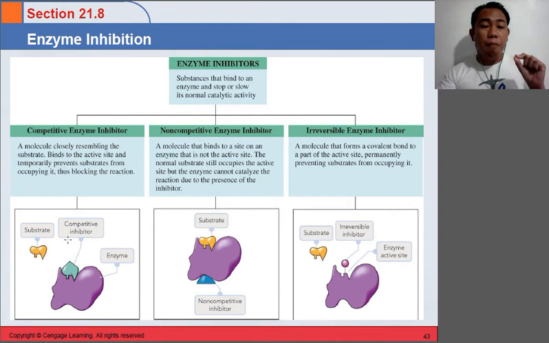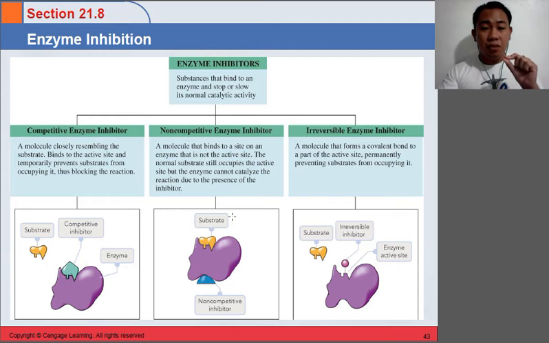Because this competitive inhibitor resembles the substrate, it will stop or slow down the normal activity of the enzyme because it competes with the substrate. So that is the competitive enzyme inhibitor.